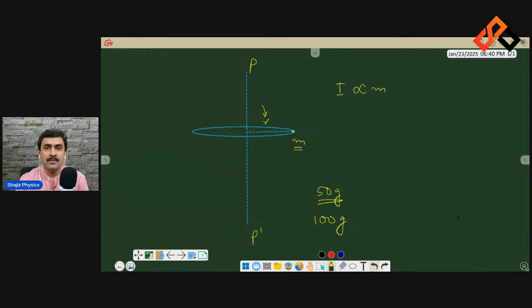Now, whenever you stop applying the centripetal force, both will slow down and come to rest.